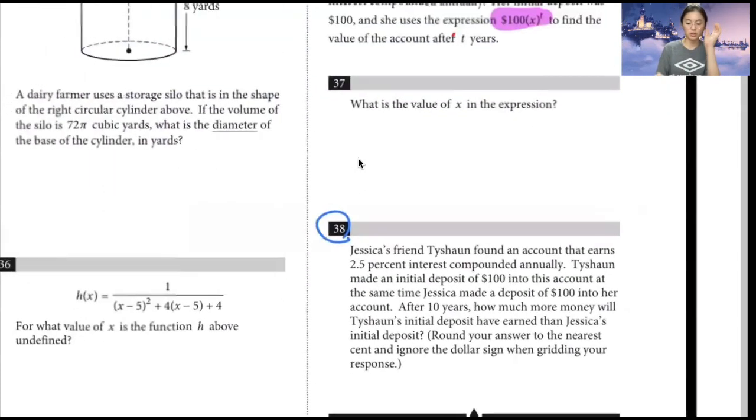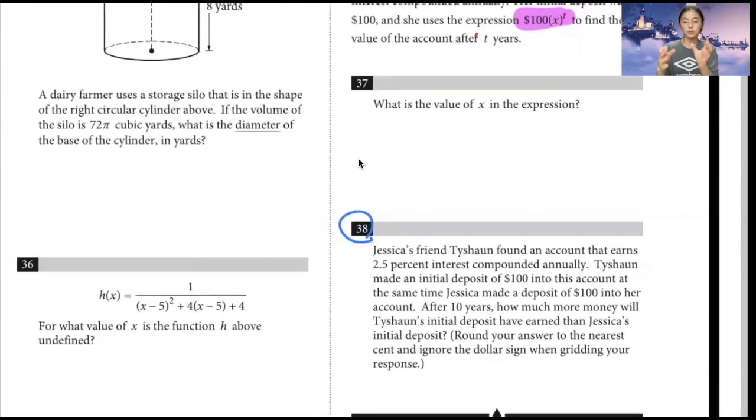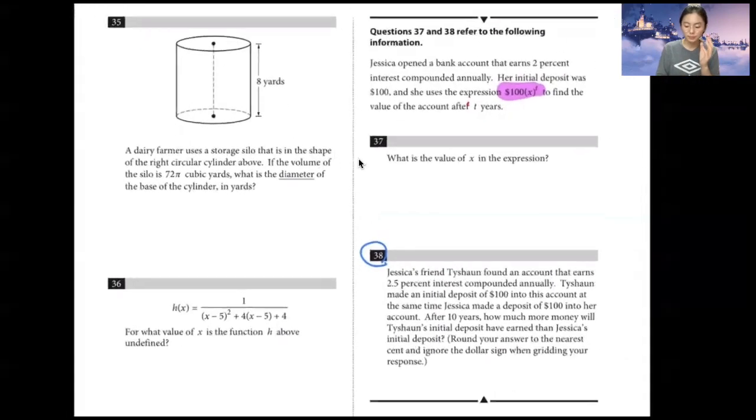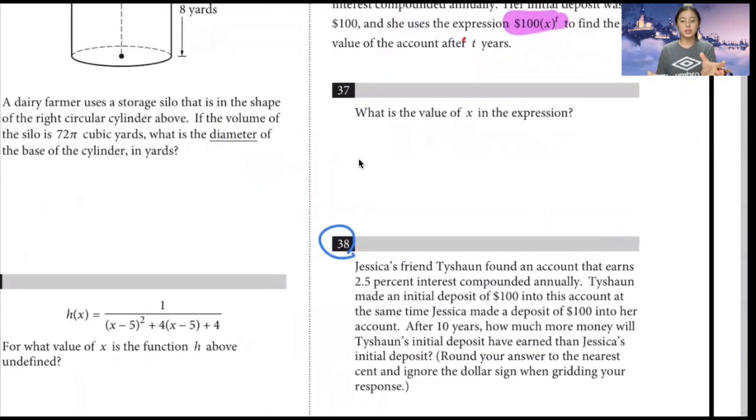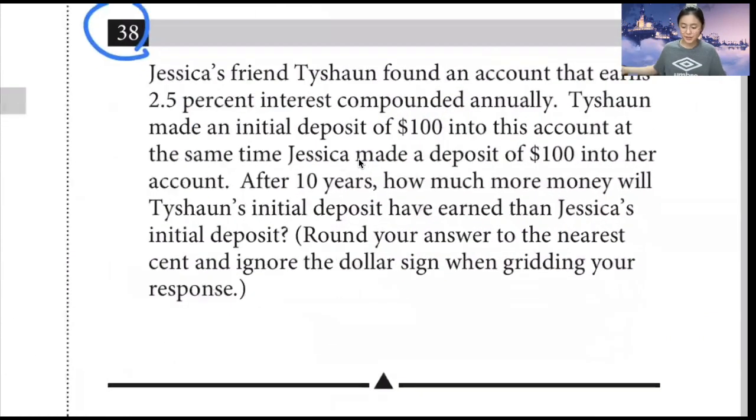So from question 37, we know how much she put in her bank account. She put in $100. Tyshawn is going to do the same thing, $100 into the account, the same time. After 10 years, how much more money will Tyshawn's initial deposit have earned than Jessica's initial deposit?